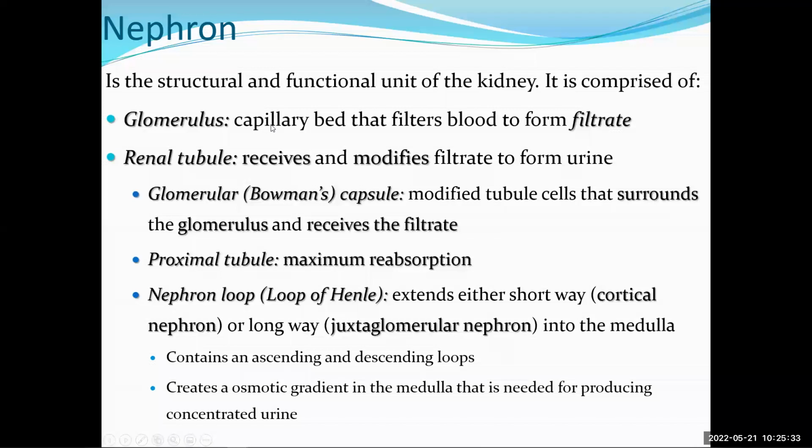So the glomerulus is that capillary bed that filters blood to form the filtrate. When you think about the Bowman's capsule, the afferent arteriole enters into the Bowman's capsule and gets smaller. That's where you have filtration occurring.